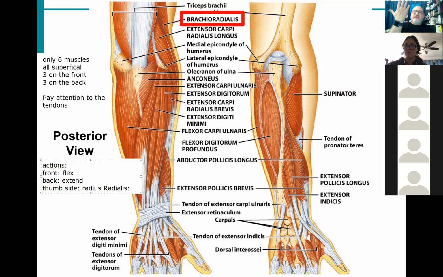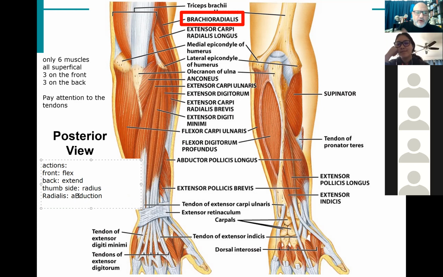And let's think about this. If this is on the thumb side, and when it contracts and it pulls my hand that way, assuming I'm in anatomical position, what type of movement is the radialis going to give us? Abduct. Exactly. Again, think in anatomical position. AD or AB? AB. It's taking it away from the body.